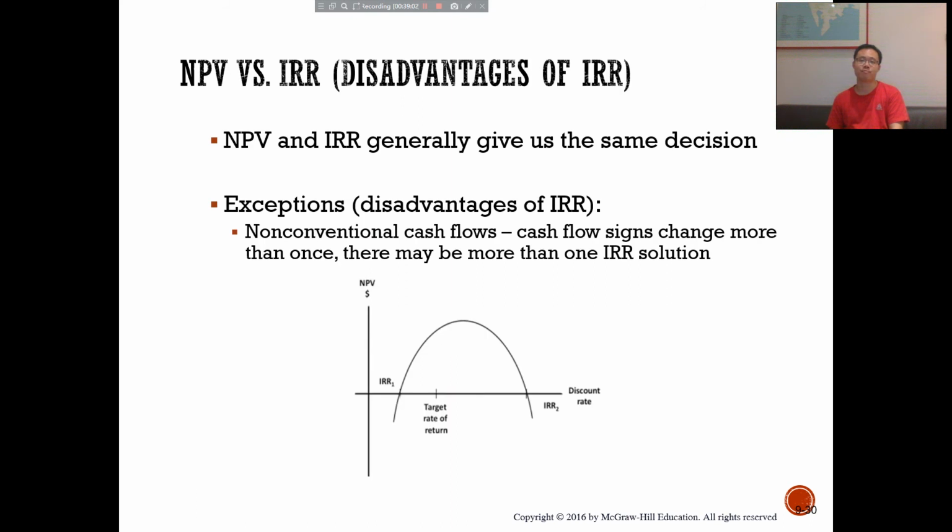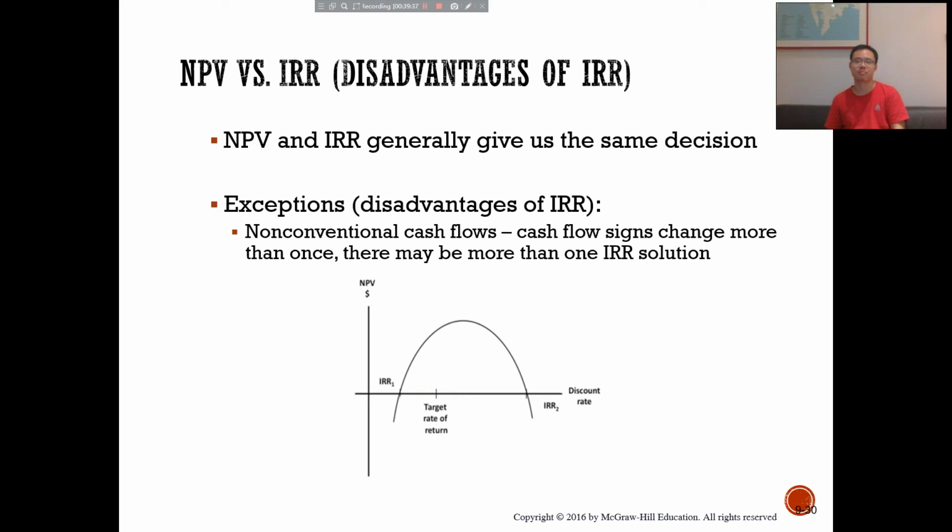But when non-conventional cash flows are sometimes positive, sometimes negative, you will probably have a relationship between the discount rate and the NPV like this. So you will have 2 IRRs, or even more, maybe 3, maybe 4. And this is a target rate of return. Do you accept or reject this project? Which IRR should you use?